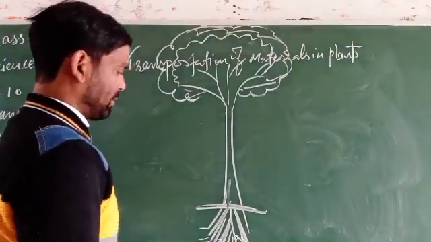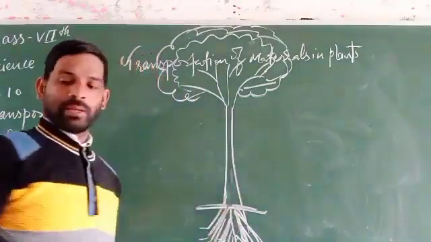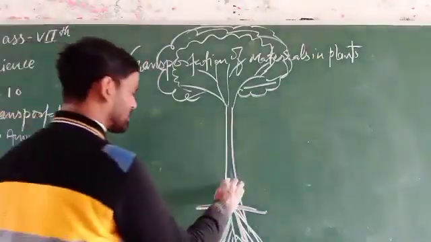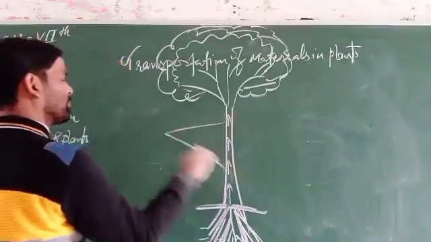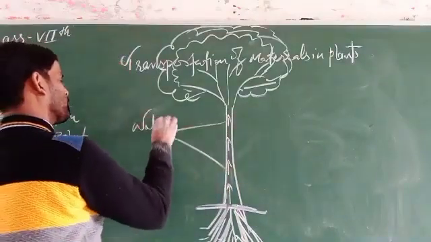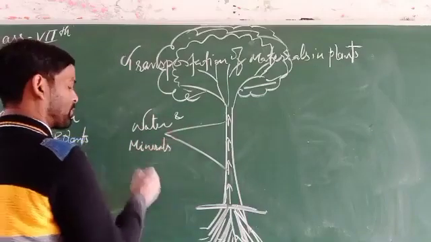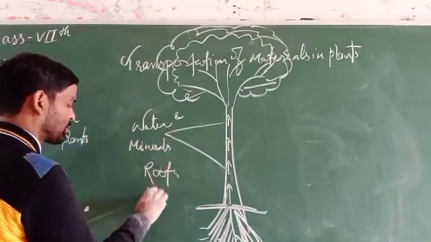Suppose there is a plant, it has a special structure, that is xylem and phloem. One can supply the water and minerals from the roots.